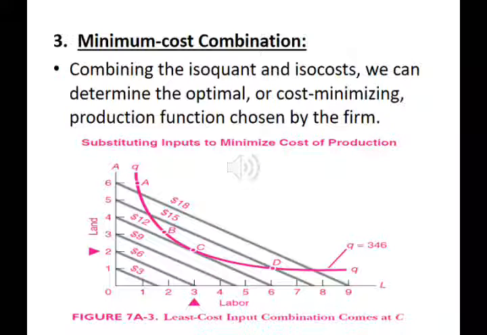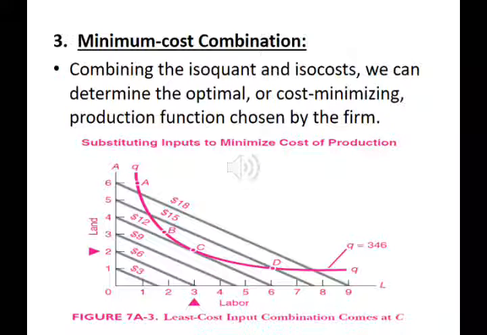Crossing another production function, which is production function B, as you can see, this production function lies on a lower isocost, which means that it is definitely better for the firm to be producing at B rather than at A, because the same level of output will be produced, but at a lower cost. But this is still not the optimal.